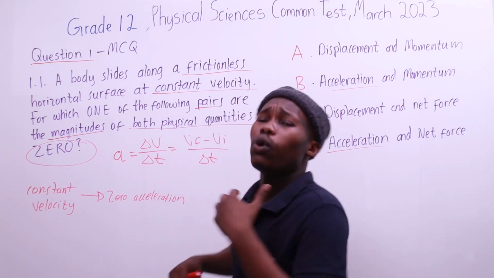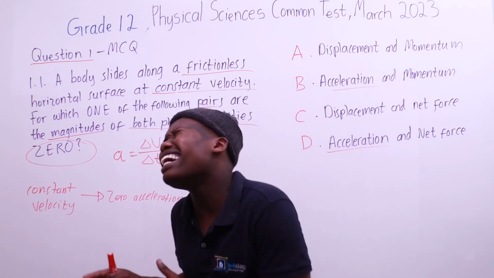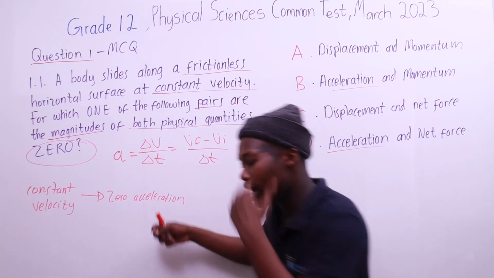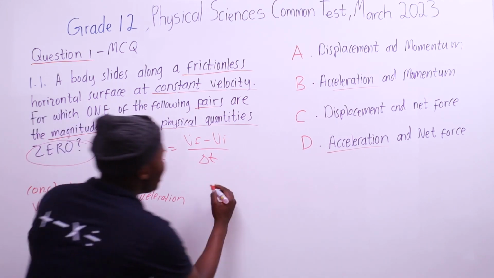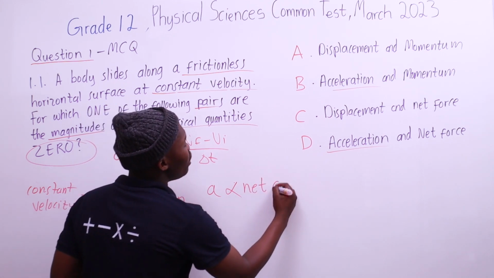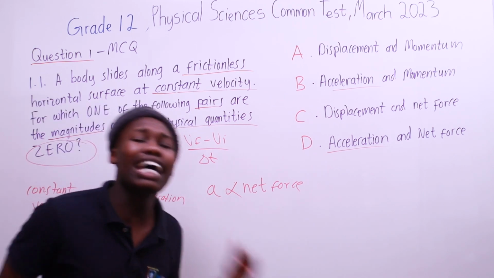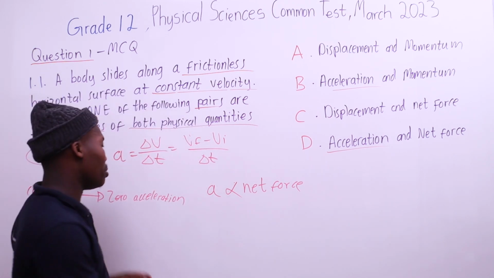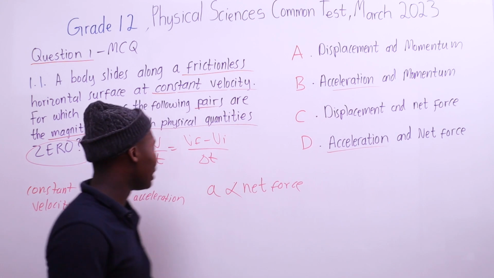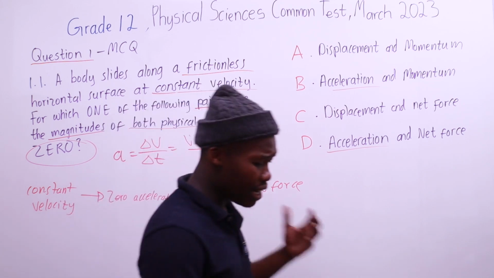When a net force acts on an object, the object will accelerate in the direction of the force at an acceleration that is directly proportional to the net force, and inversely proportional to the mass. But we don't need that part because there is no mass here. So we now know that acceleration is directly proportional to the net force.